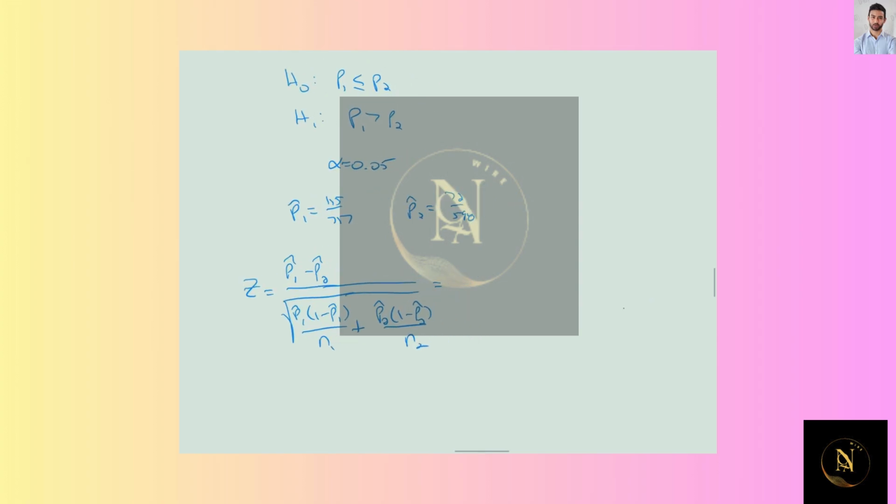And so this is 115 out of 717 minus 72 out of 598 over the square root of 115 over 717 times 1 minus 115 over 717 over 717 plus 72 out of 598 times 1 minus 72 out of 598 over 598.